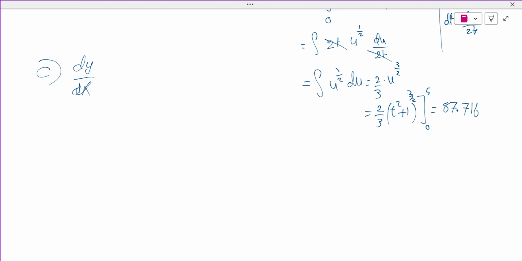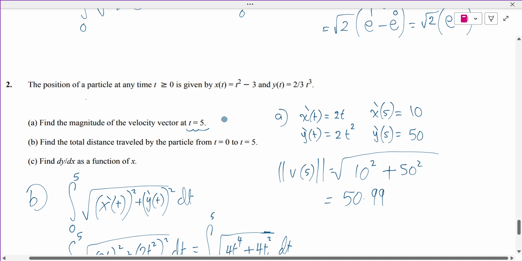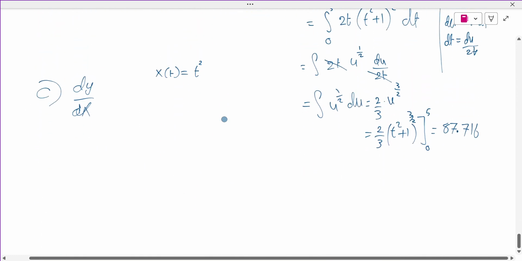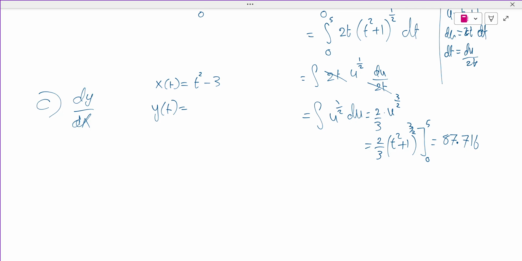As a function of x, we are given that x of t equals t squared minus 3, and y of t is 2 over 3 t cubed, right?